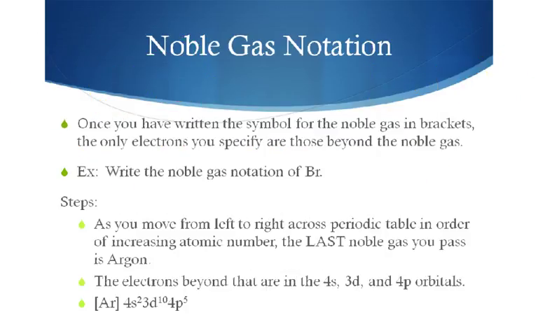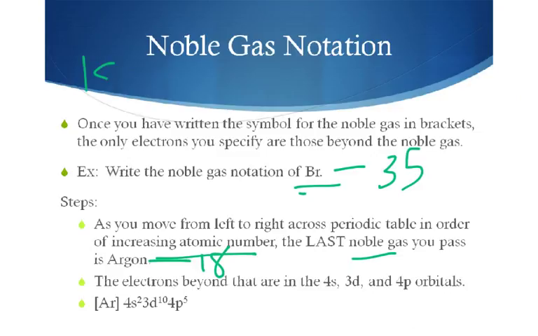So, for example, let's do bromine. Well, as you move across the periodic table of increasing atomic number, the last noble gas that you pass is argon, because bromine's atomic number is 35, and the last noble gas you pass is element number 18, which is argon. So again, if you were to write the electron configuration for argon, it would be 1s2, 2s2, 2p6, 3s2, 3p6.